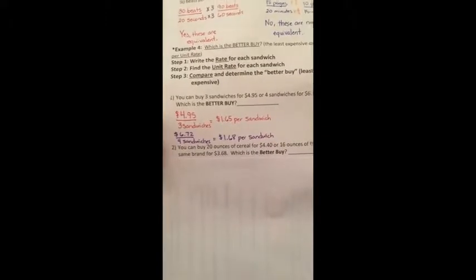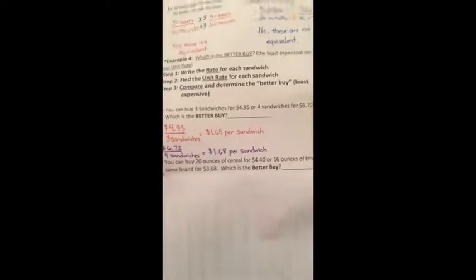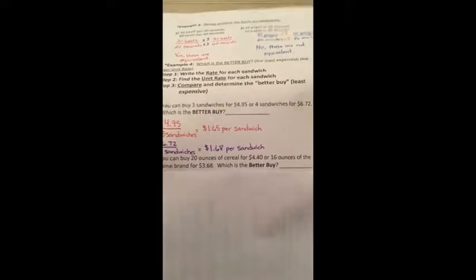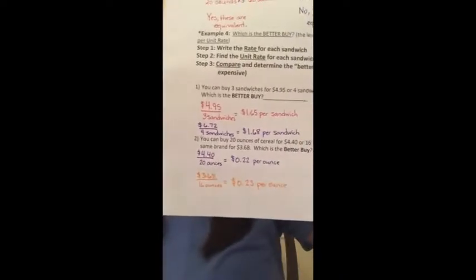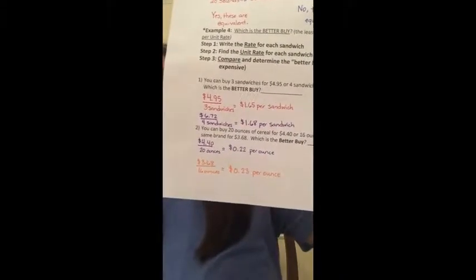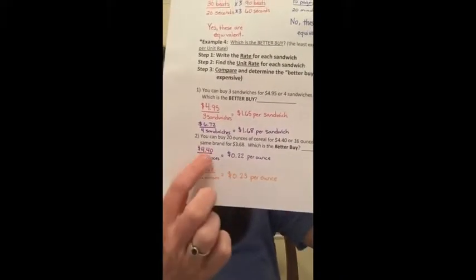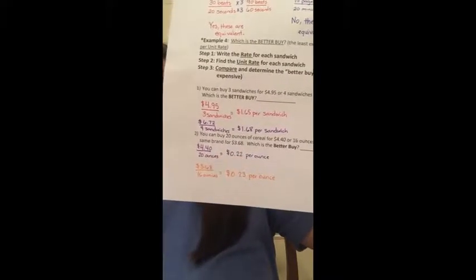Now if we go to number 2 in this section, you can buy 20 ounces of cereal for $4.40 or 16 ounces of the same brand for $3.68. Which is the better buy? So if I go through and set up my rates, $4.40 for 20 ounces means that that one costs 22 cents per ounce.